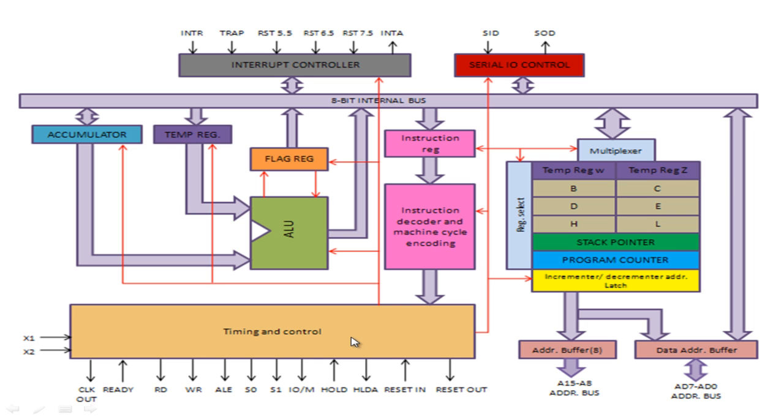This is a very important block of the 8085, because it synchronizes all the blocks with each other. Different types of control signals are there at the timing and control block. First are X1 and X2. X1 and X2 are the two crystal inputs, because the 8085 works on some clock frequency, so X1 and X2 are used to provide the frequency to the 8085.